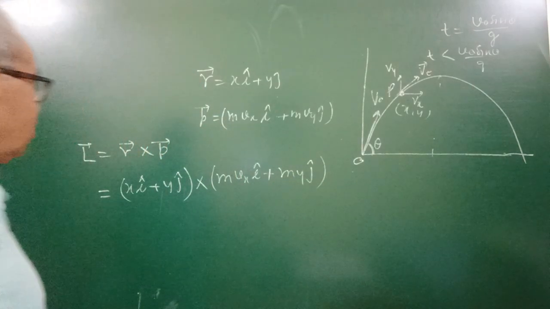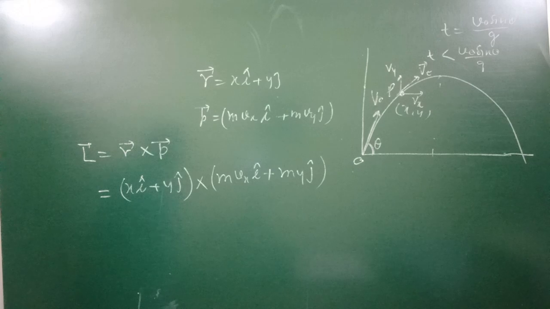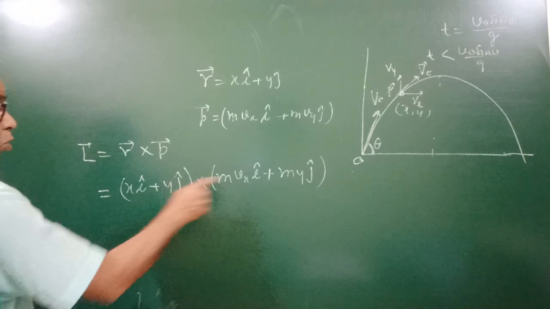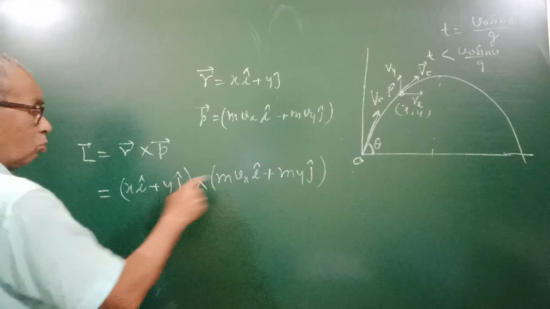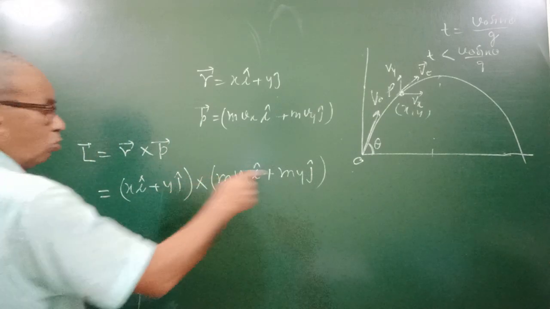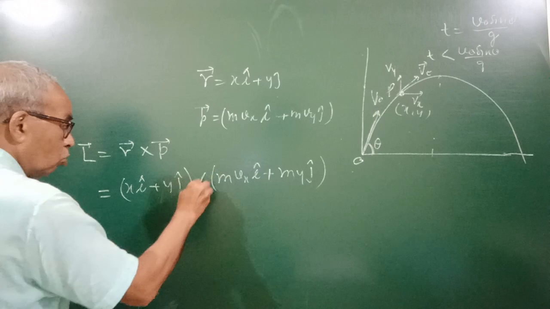I cap, j cap, you know, are the unit vectors along the x and y axes. You know i cross i is 0, i cross j is k, j cross i is minus k, j cross j is 0. This is the cross product here.